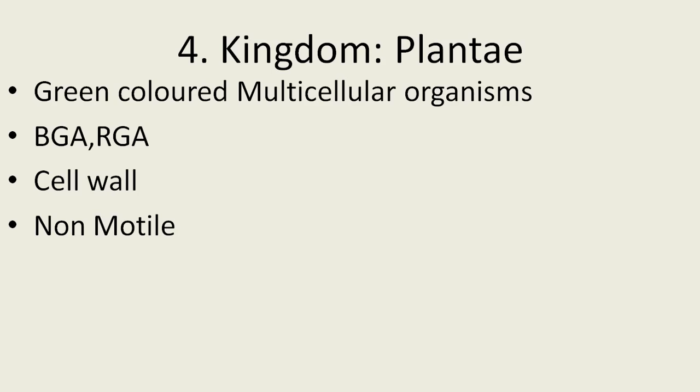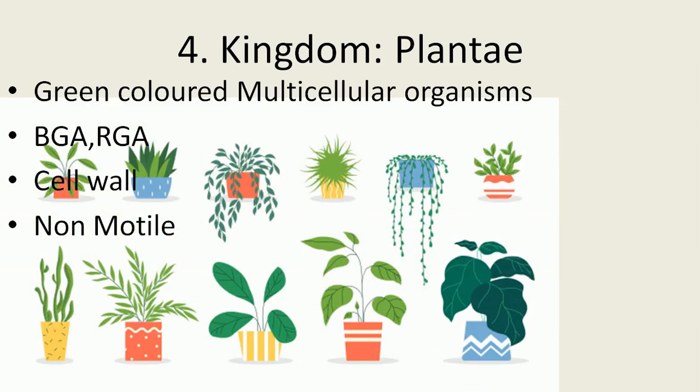Starting from shrubs to trees, all are fixed to a substratum. Here we see the different organisms: the orchid plant, then the runner plant, then trees. There are different examples you will observe in this pictorial presentation.